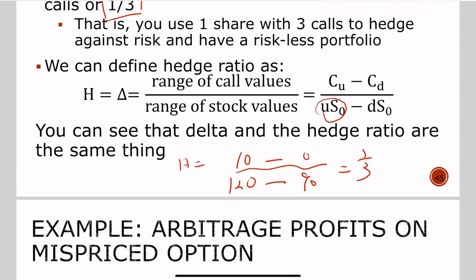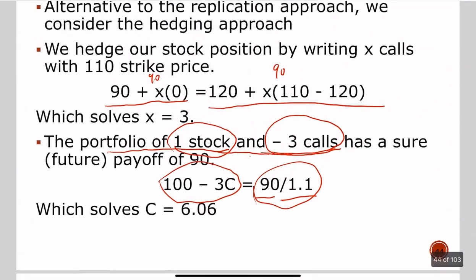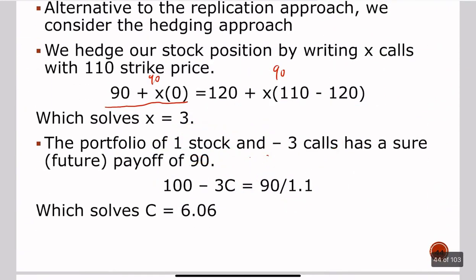That's our hedge ratio. And you can see that hedge ratio is pretty important, right? Because if you look at this valuation process, what you really need here is this number 3. That is, you really need this hedge ratio. After getting this hedge ratio, then you could find out this $90.